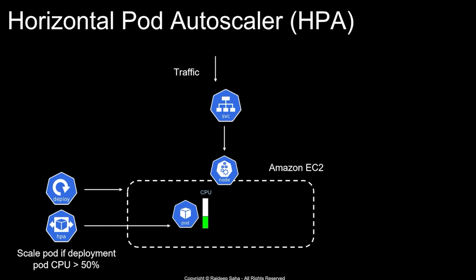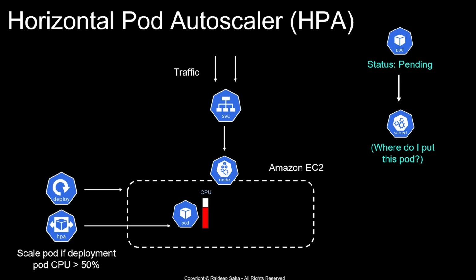All right, so let's say at this point, the traffic increases. So the CPU utilization for this one running pod increases to 80%, which is greater than 50%. So at this point, HPA will increase the number of replicas by 1. So it creates one additional pod and all pods start with the status pending.